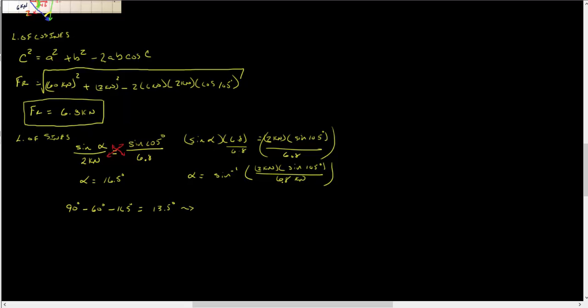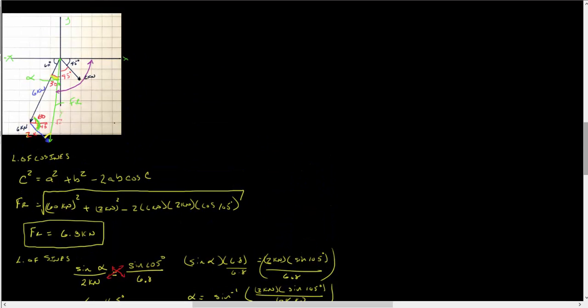Now this is going to be clockwise from the negative y-axis. But go back to the drawing: we wanted this purple angle, from the positive x. So we know this little angle in here is 13.5.